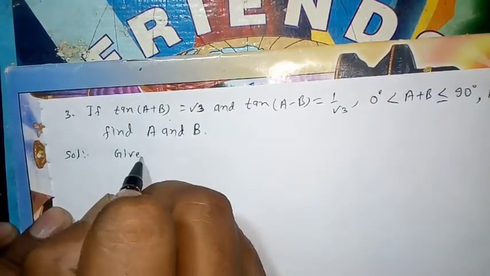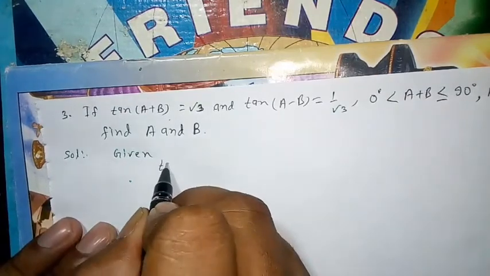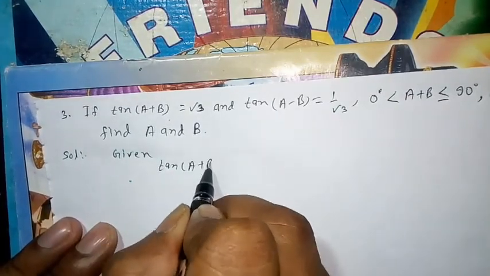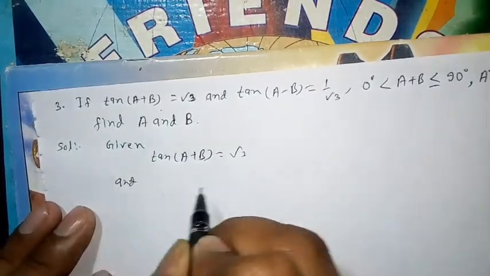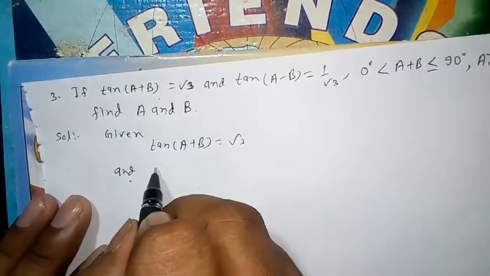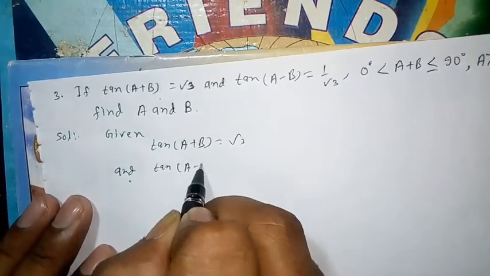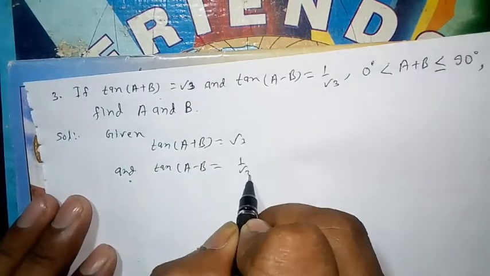Given tan(A plus B) is equal to root 3 and tan(A minus B) is equal to 1 by root 3.